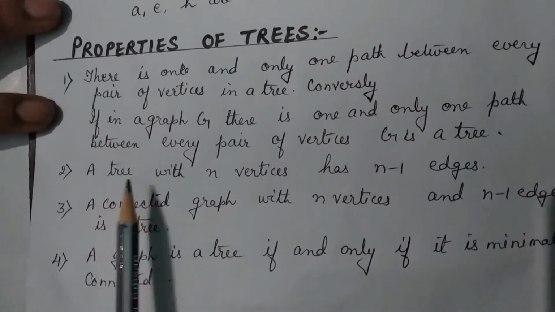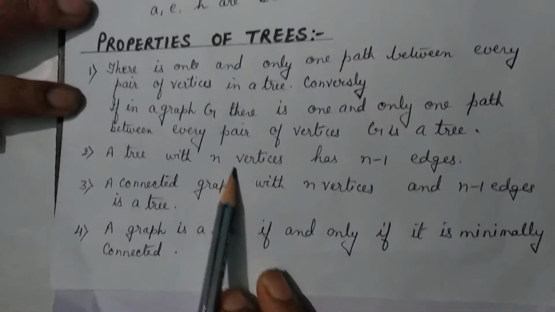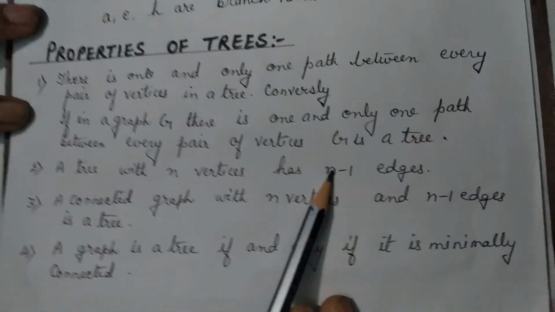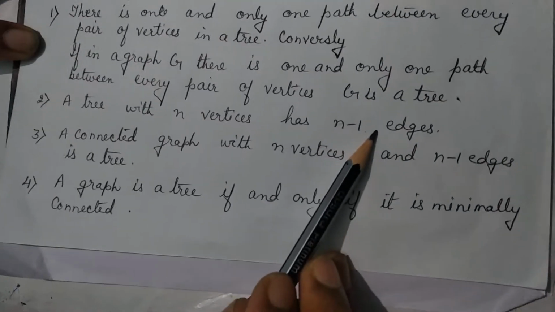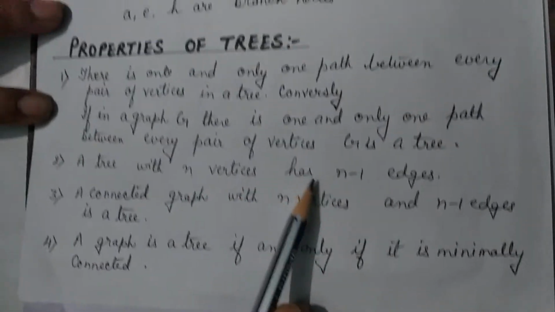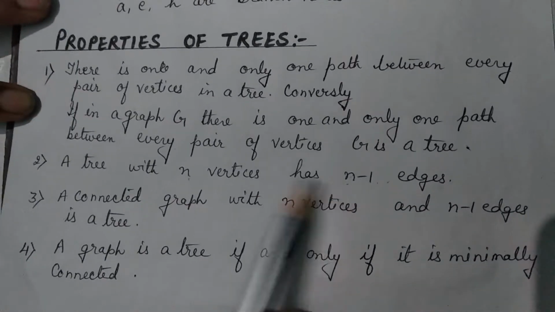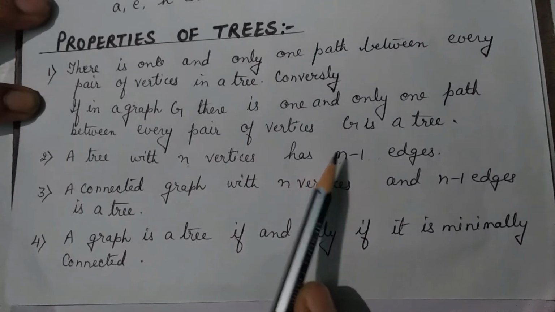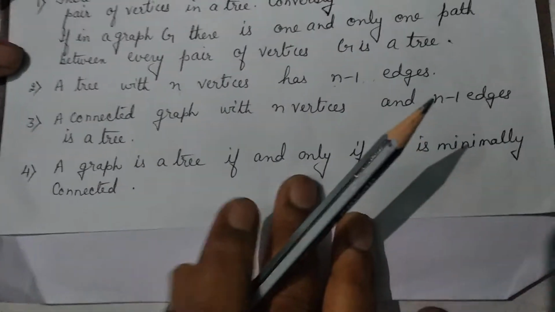Second property, a tree with n vertices has n minus 1 edges. It means if we have a tree of 5 vertices, it should have 4 edges.